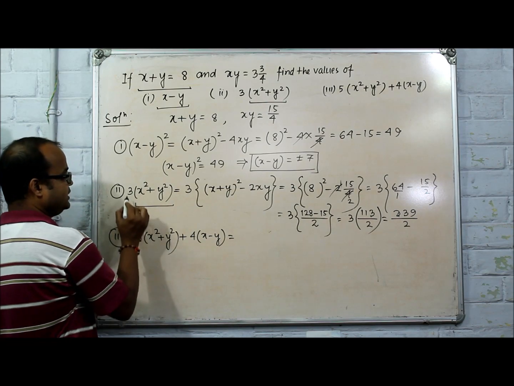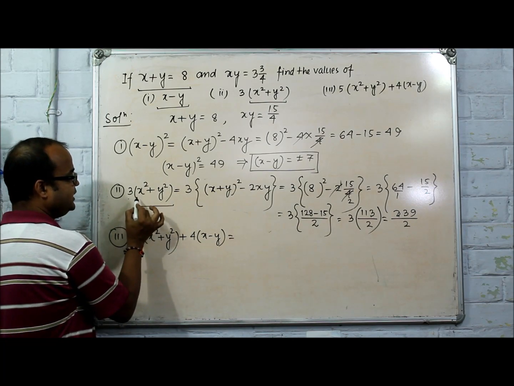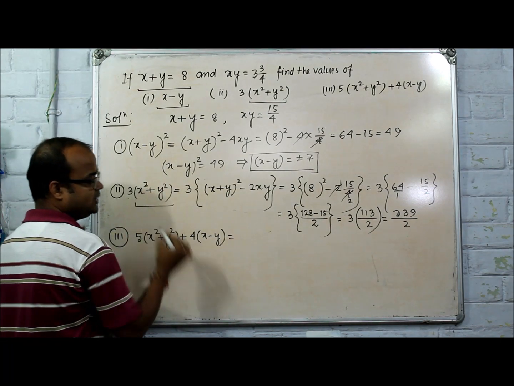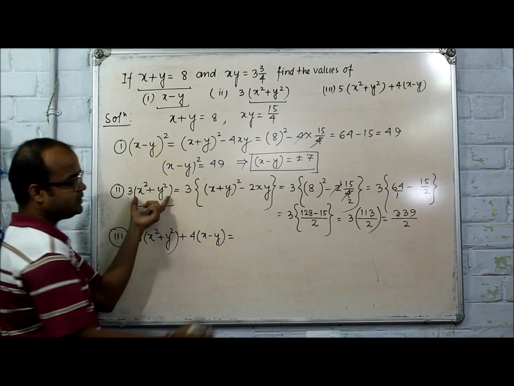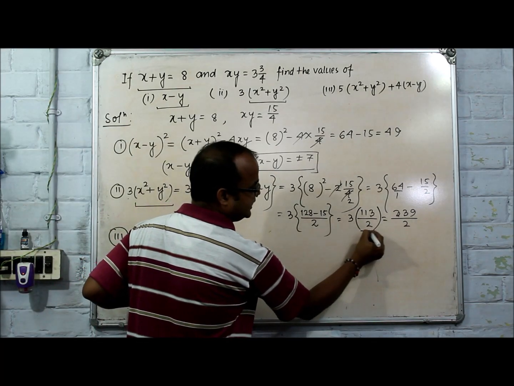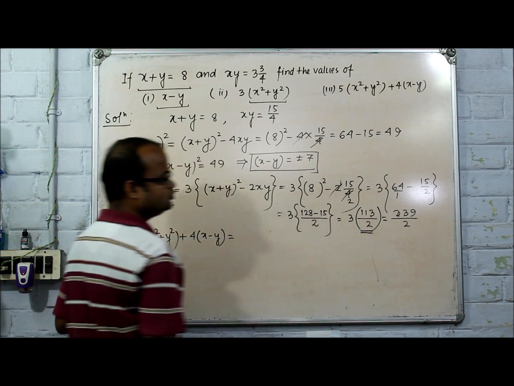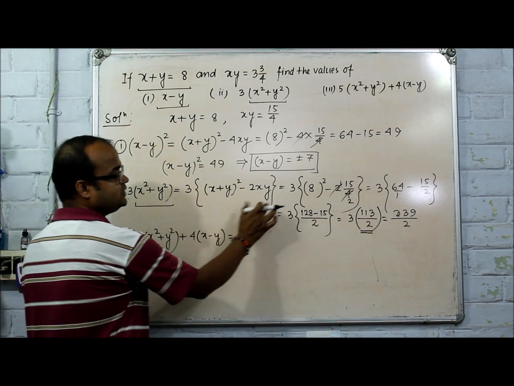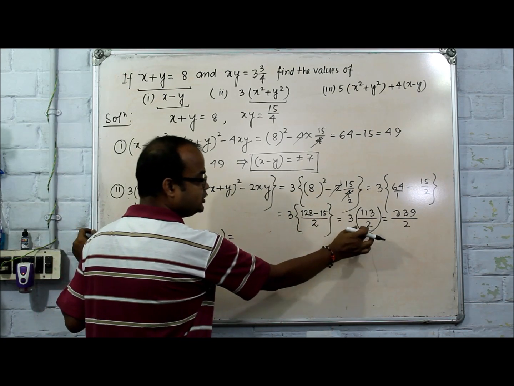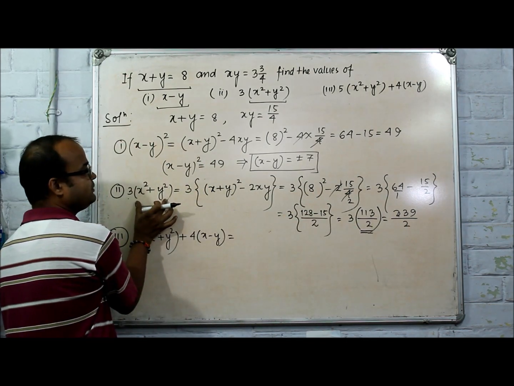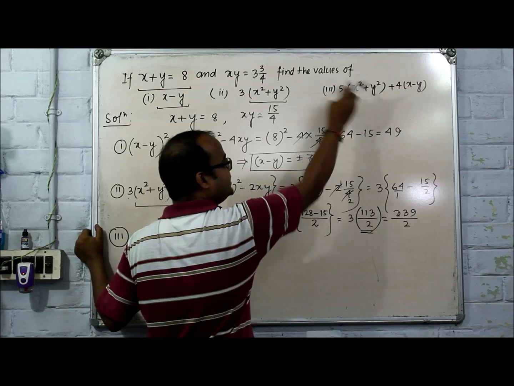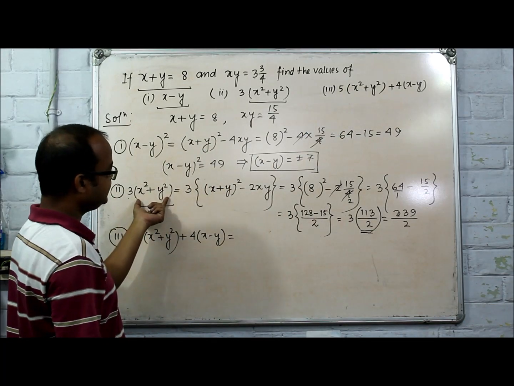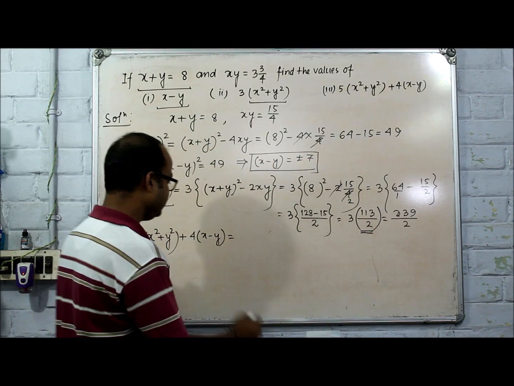In the last part we found the value of 3 into x square plus y square. Now what is the value of x square plus y square? We are getting 113 by 2. That's why I am using the bracket, so that I can use the result of x square plus y square in the next problem. So the value of x square plus y square is equal to 113 by 2.